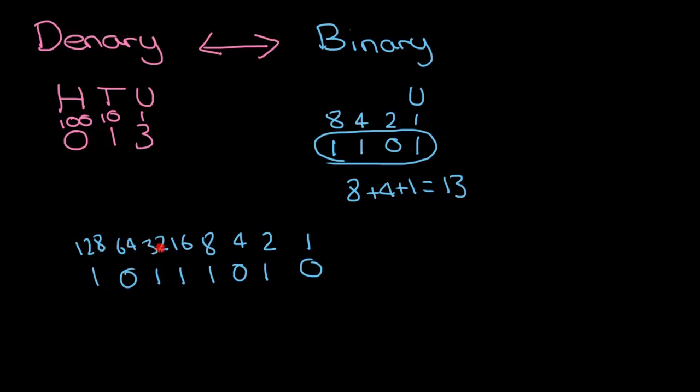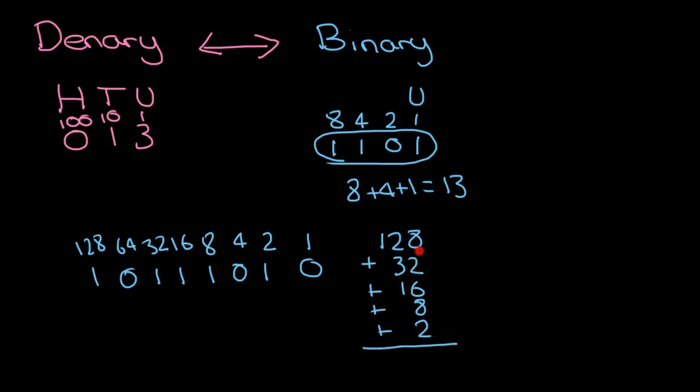And then I add up all the numbers that have a 1 underneath them. So that is 128 plus 32 plus 16 plus 8 plus 2. And if I add all these together, then that gives me my answer. That shows me how much this is in denary.